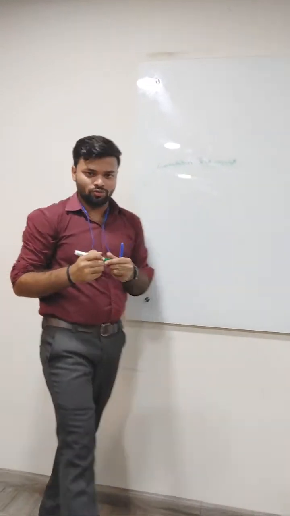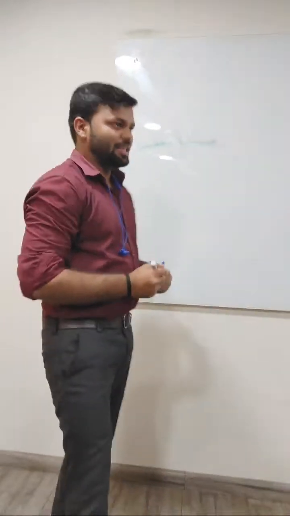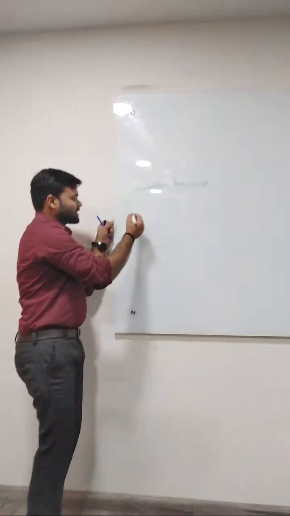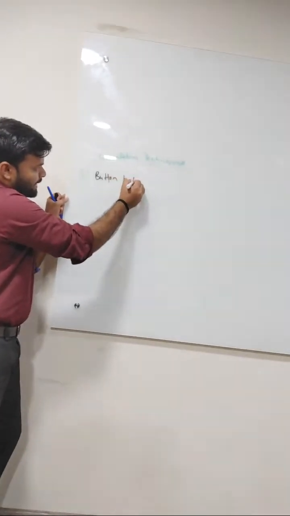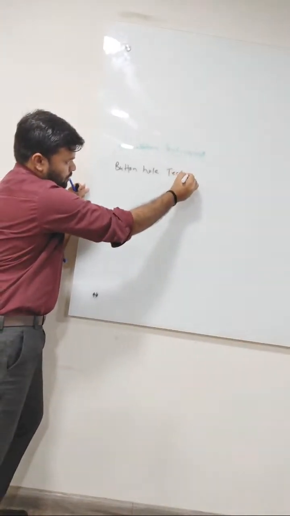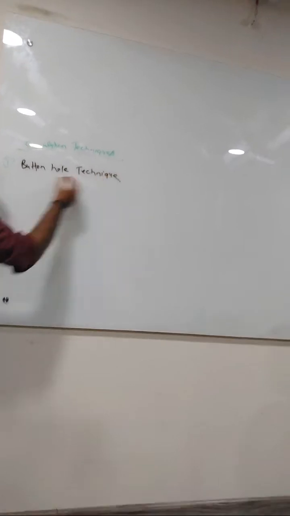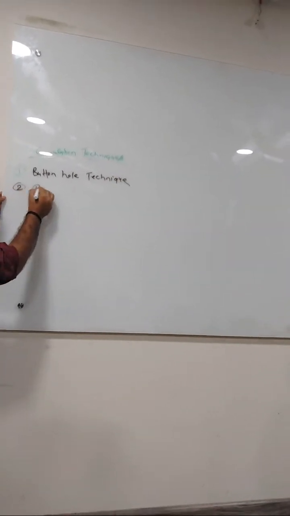Okay, guys. So there are two types of cannulation techniques we generally use in dialysis. The first one is the buttonhole technique. The second one is the rope ladder technique.